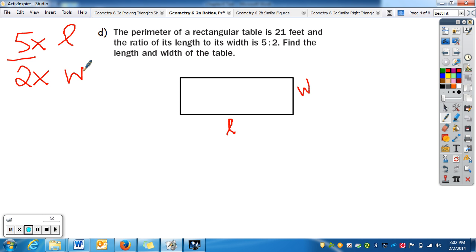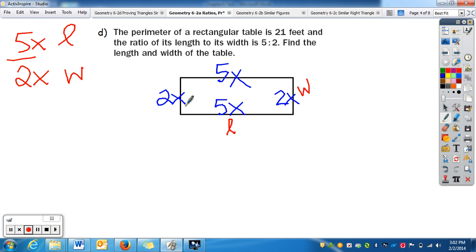We could also write it over here where we could go 5x and 2x. So remember, perimeter is 21 feet. Perimeter is adding up all the sides. So we can treat this as 5x and we're going to treat this as 2x.